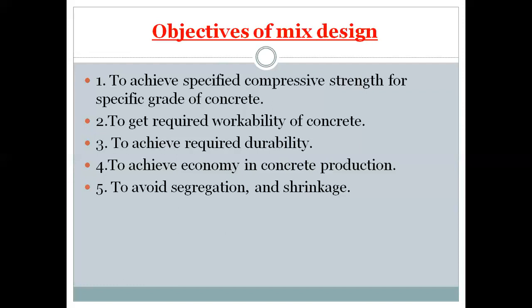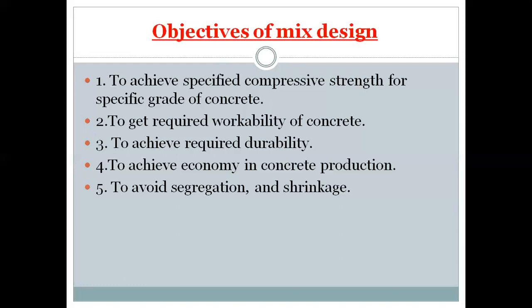Next is to avoid segregation and shrinkage. Due to uneven proportion, or if we do the proportion of the ingredients without any mix design, it will definitely affect the concrete. That is, there will be separation of the concrete, that is segregation, or there is shrinkage, that is change in volume of a concrete after hardening.